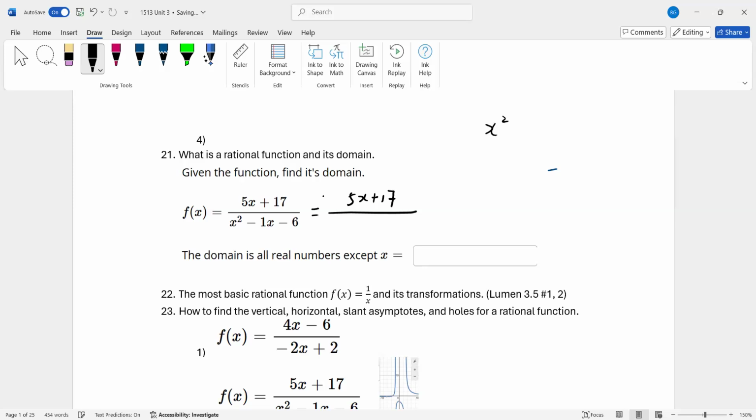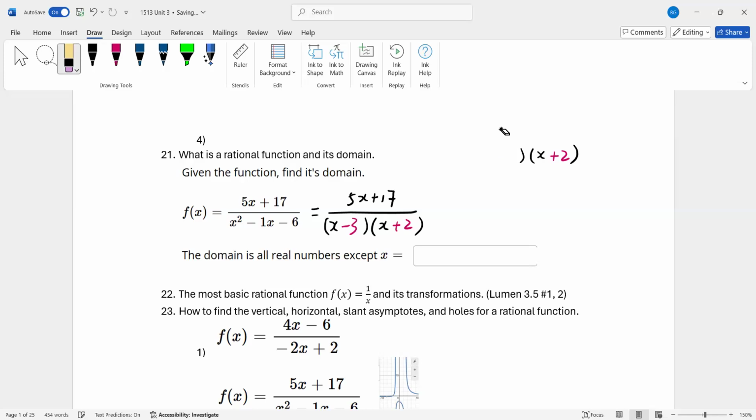We have x squared minus x minus 6. We can factor this quadratic trinomial. This one is pretty straightforward, right? Negative 3 and positive 2 multiply to negative 6 and add up to negative 1. So the denominator can be factored as x minus 3 times x plus 2.